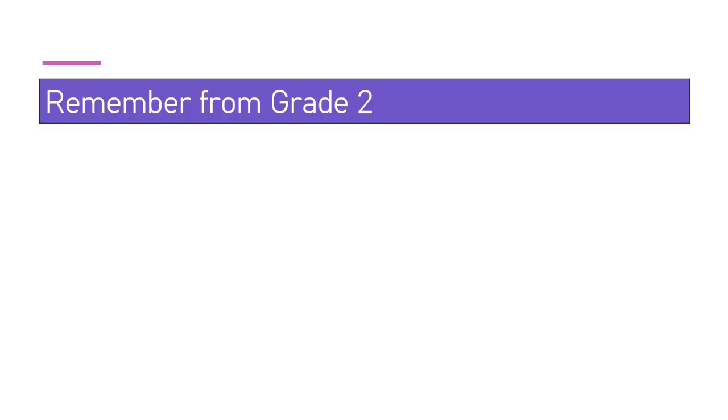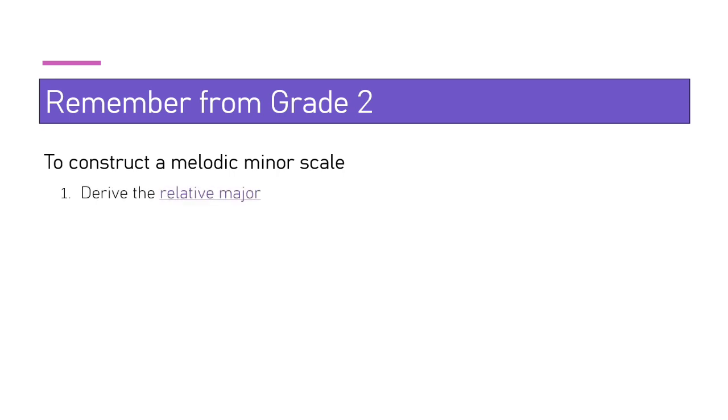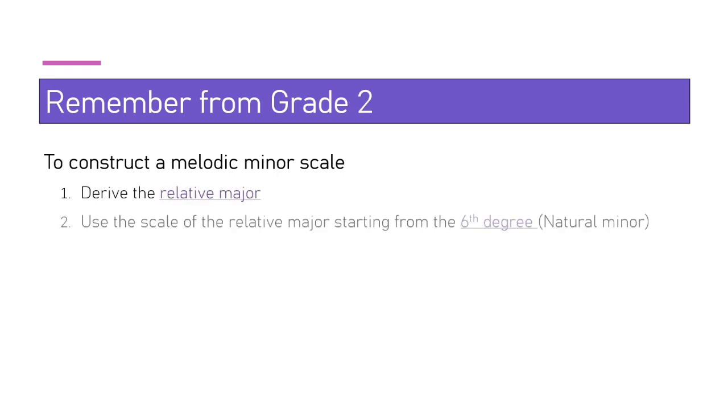All right, so now we go on to the melodic minor scale. I'm not going to waste time here, because if you understand the harmonic minor scale very well, then the melodic minor scale is just a little bit of difference. Now, to construct a melodic minor scale, you derive your relative major, like I've said.